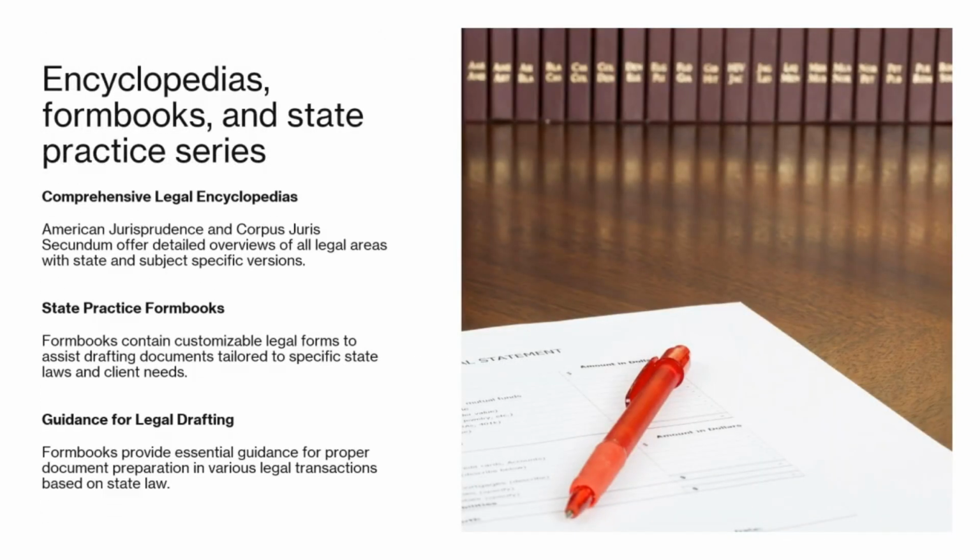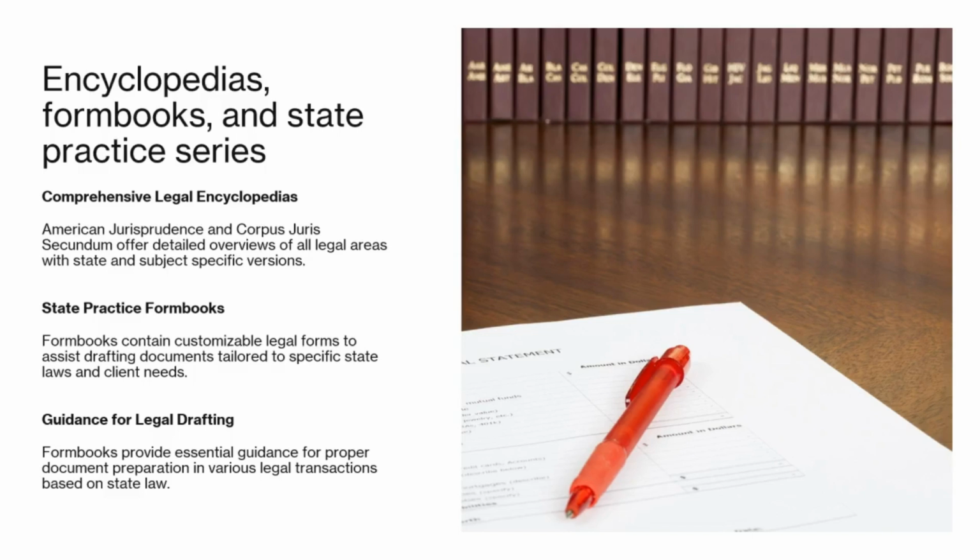Encyclopedias, form books, and state practice series are another getting-started source. Among American encyclopedias, American Jurisprudence is a comprehensive encyclopedia with excellent detailed overviews of every area of the law, and there are state-specific and subject-specific versions also available.